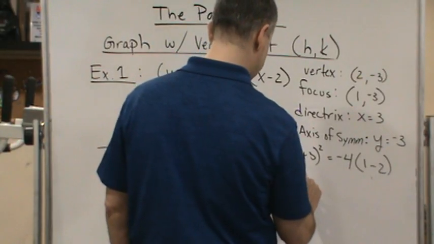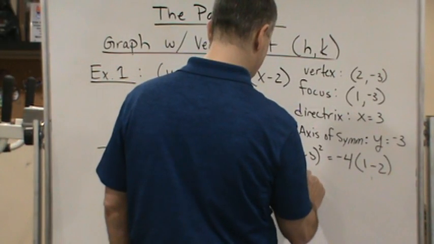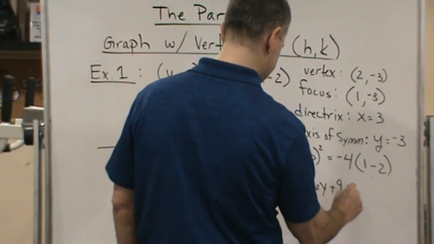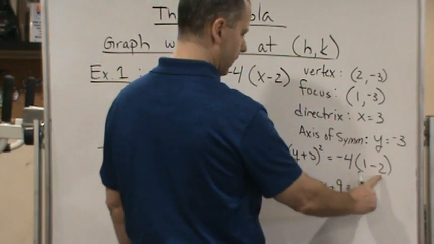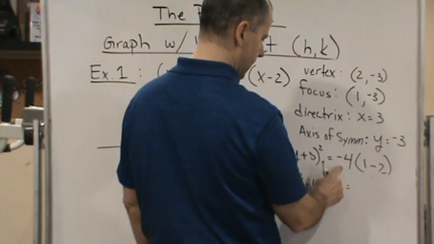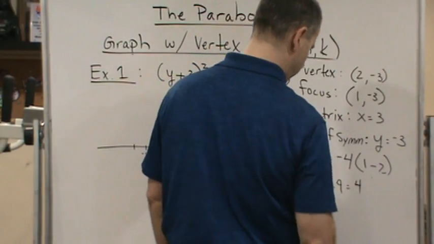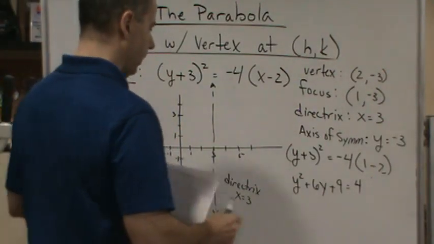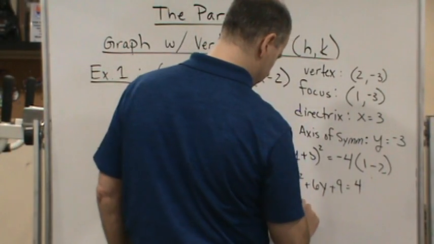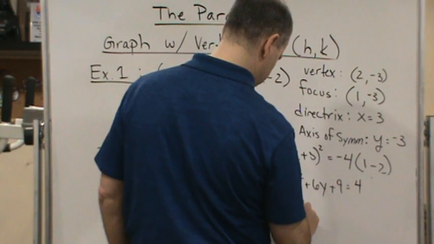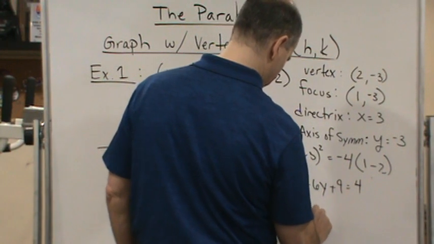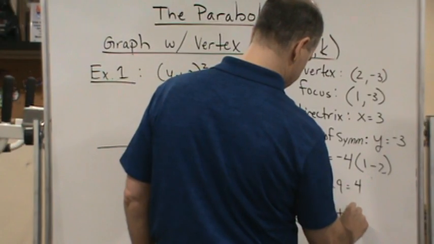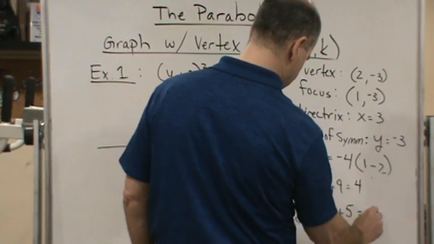In this case we get y squared plus 6y plus 9 is equal to, now this is going to be -1, so -1 times -4 is 4. Now I'm going to subtract 4 from both sides, and that's going to give me y squared plus 6y plus 5 is equal to 0.